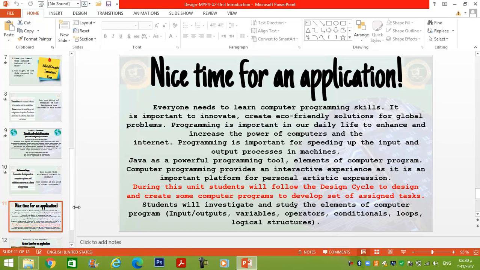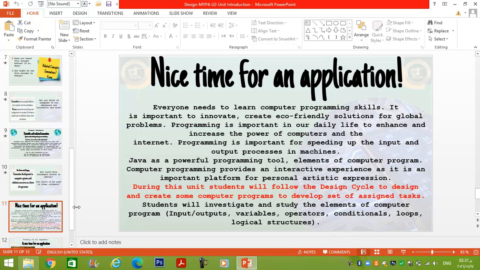So Java, as a powerful programming tool, with elements of computer programming, provides an interactive experience as an important platform for personal artistic expression.